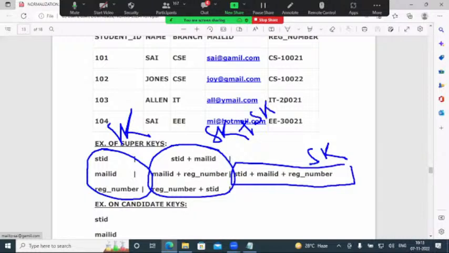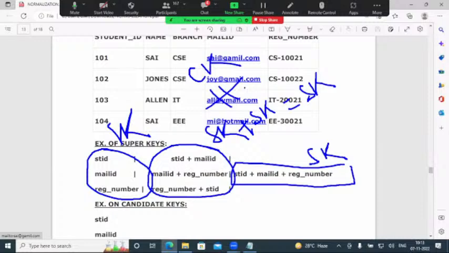Super key plus super key will become a super key. But super key plus super key will not be a candidate key. Any 2 super key columns or more than 2 will become a super key, that we say. But any 2 super key columns will never become a candidate key.